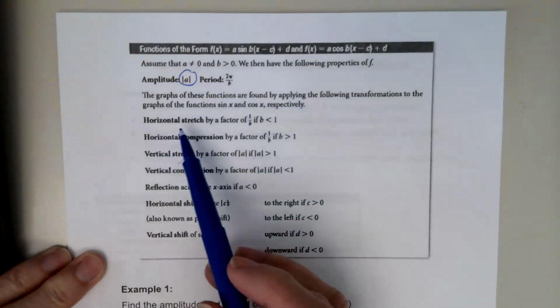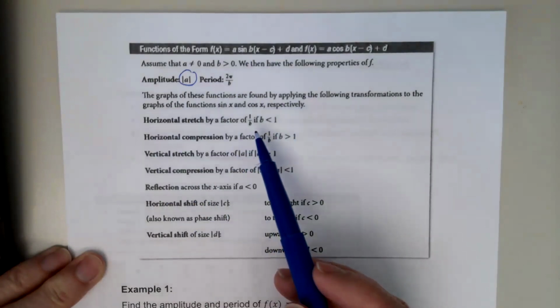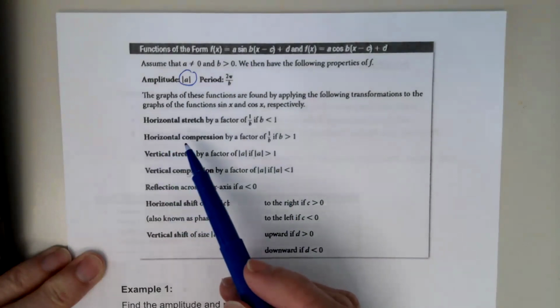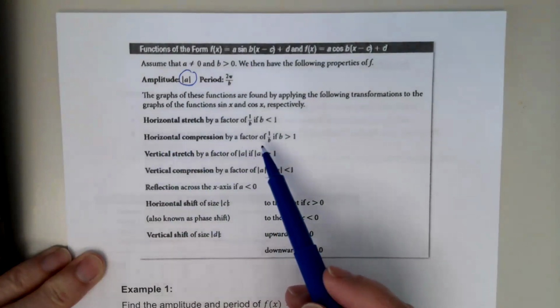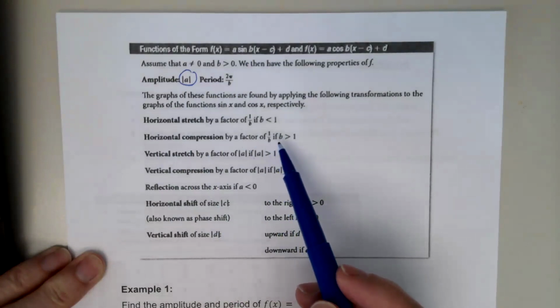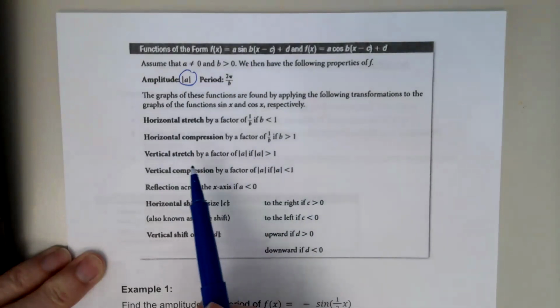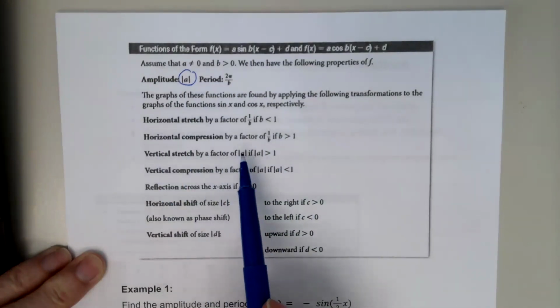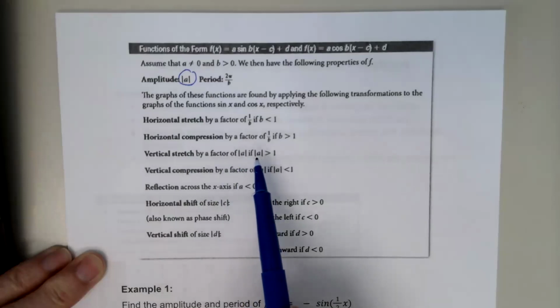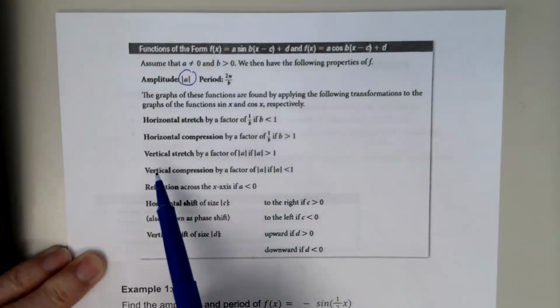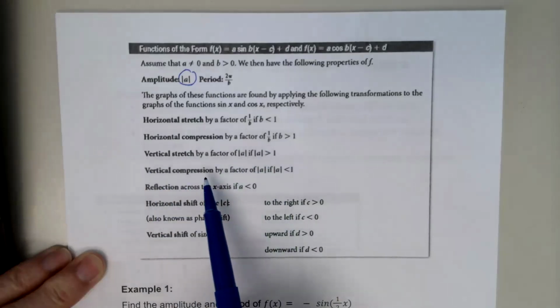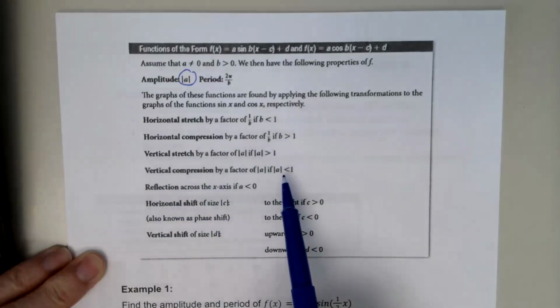So there could be a horizontal stretch, which would be 1 over b. There could be a horizontal compression, 1 over b if b is greater than 1. There could be a vertical stretch, which is the absolute value of a, if the absolute value of a is greater than 1, or a vertical compression if the absolute value of a is less than 1.